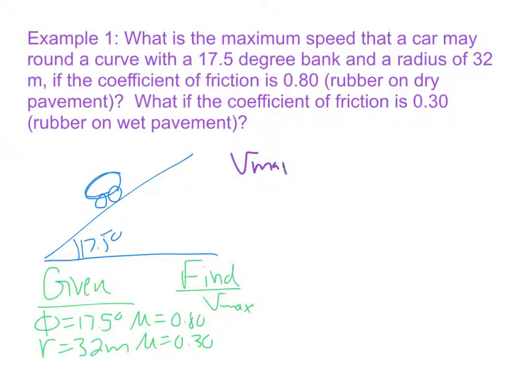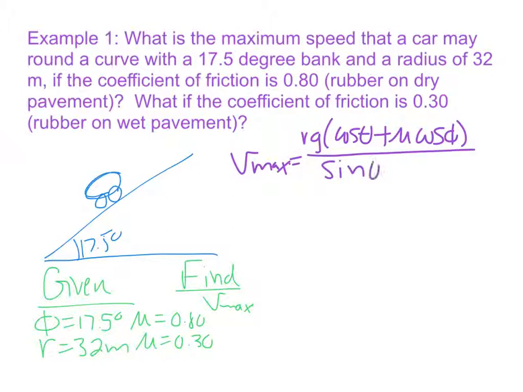Maximum speed around a banked curve is equal to Rg cosine theta plus mu cosine phi over sine theta minus mu sine phi. So for part A, using mu is 0.80, this equals the radius, 32 meters, times 9.8 meters per second squared, cosine of theta.